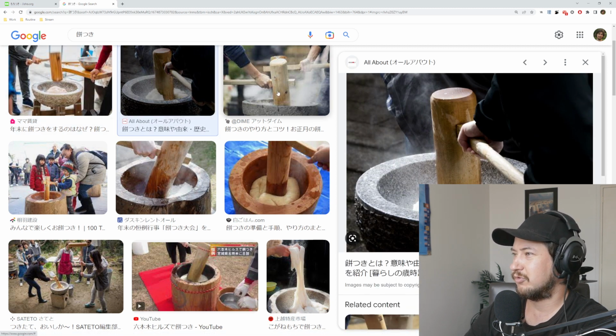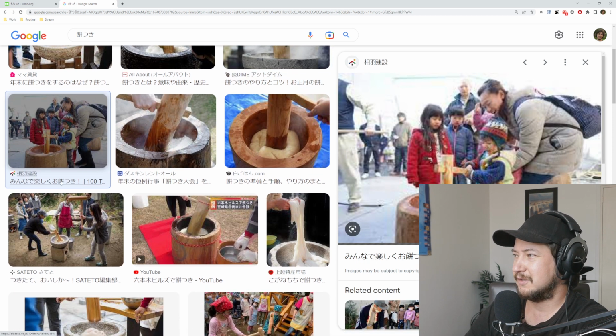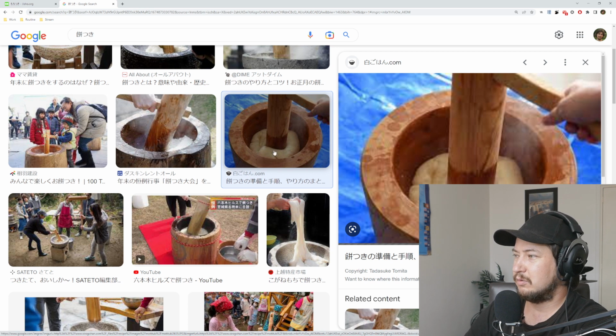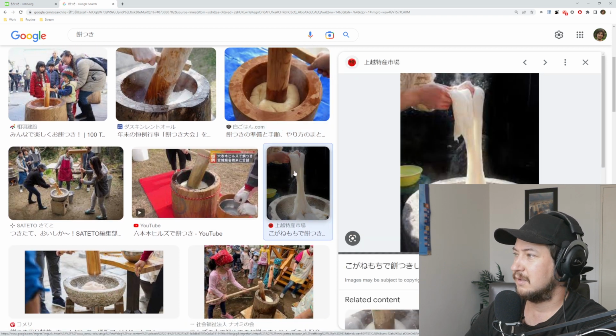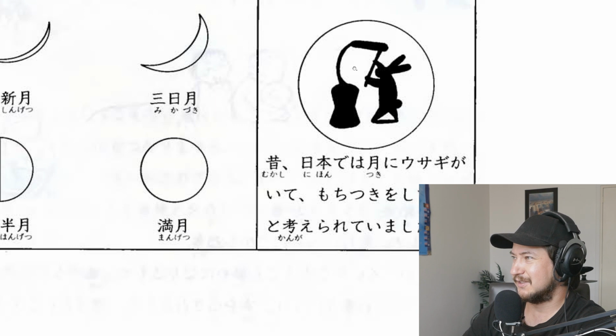I guess you put rice and then you just smack the rice with this mallet until it becomes something like dough, or just mochi, meaning sticky rice or something like that. So this is what this is.